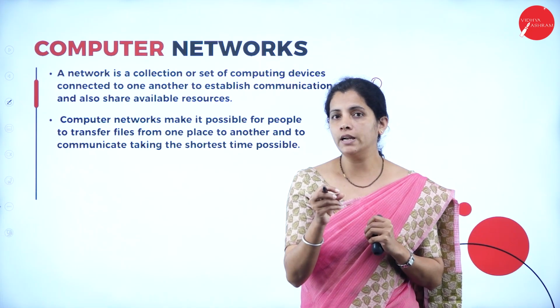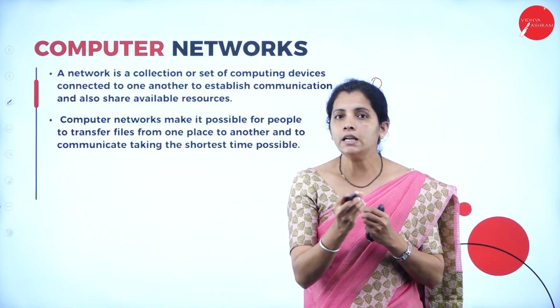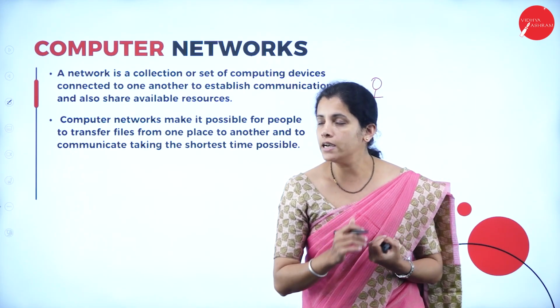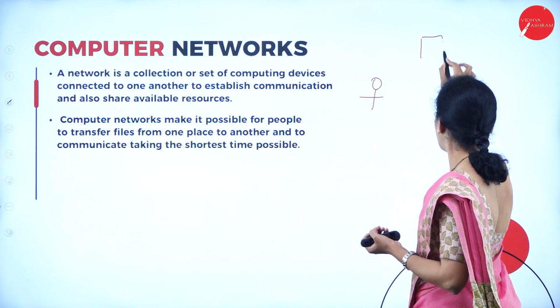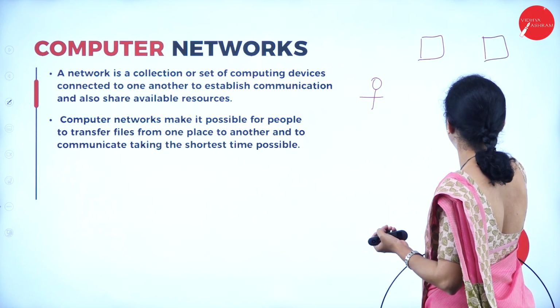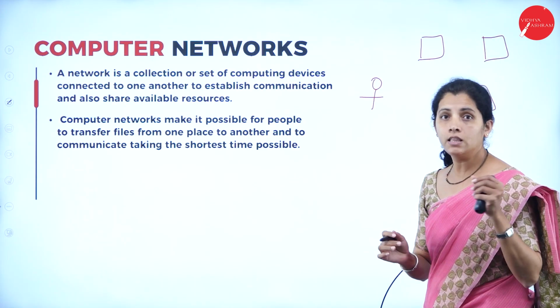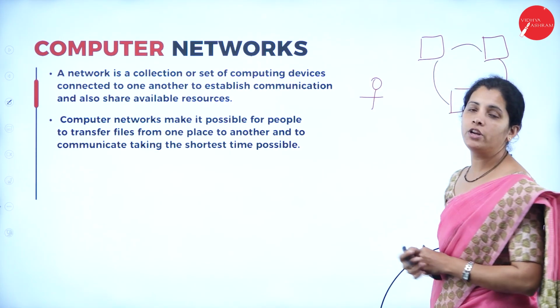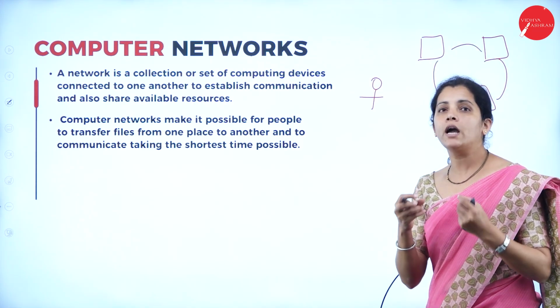So what is a computer network? It's nothing but the interconnection of systems. Interconnection in the sense what? See here, think that I have three systems. Now, all these three systems want to communicate with each other. So what do I want to do?